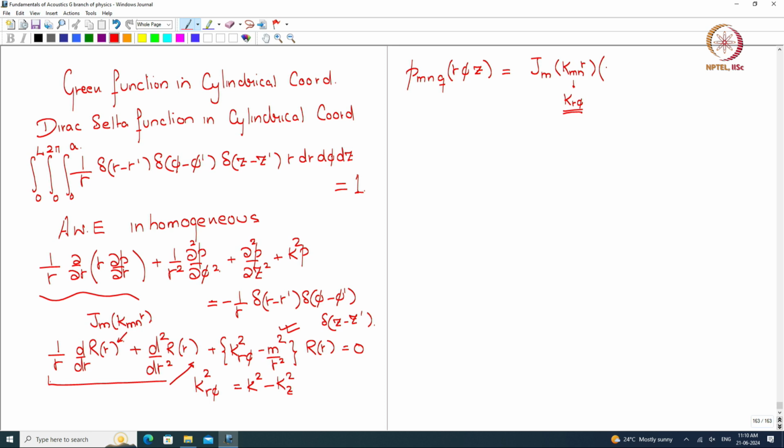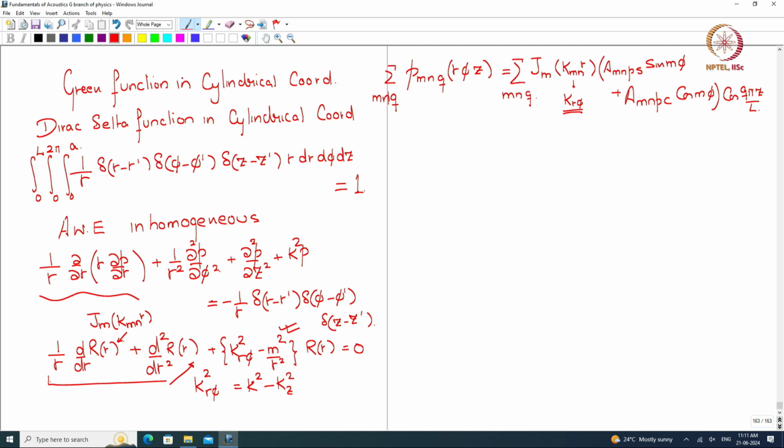Then we have A mn p sin m phi plus A mn p cos m phi, then cos q pi z by L. If that is substituted, actually we have a summation over MNQ.